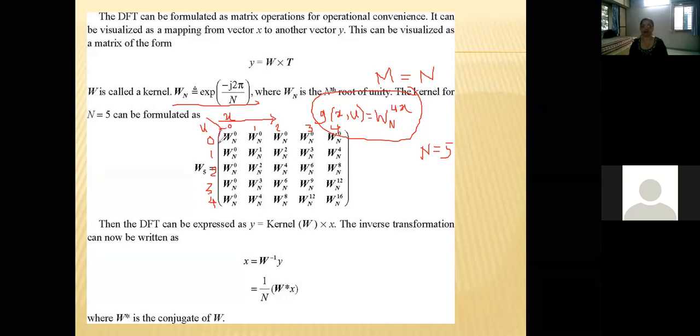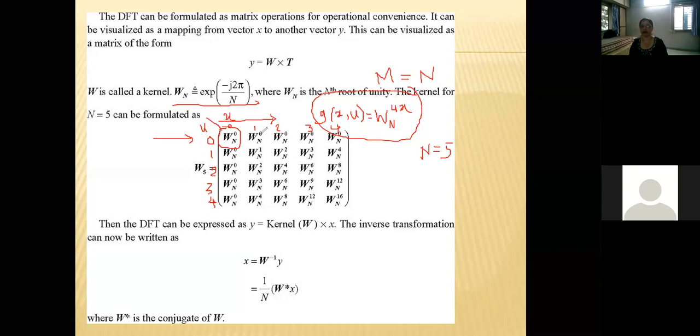For the very first term, u is 0, x is 0, so the term will become Wn raised to 0. Similarly, for all the terms in the very first row, u is 0, so effectively we get Wn raised to 0.